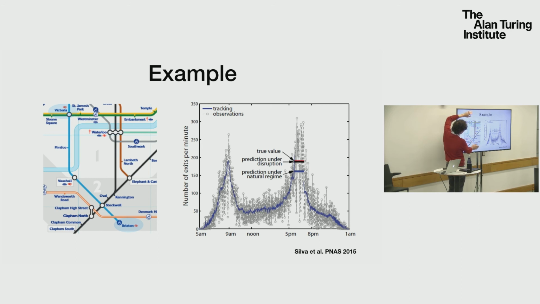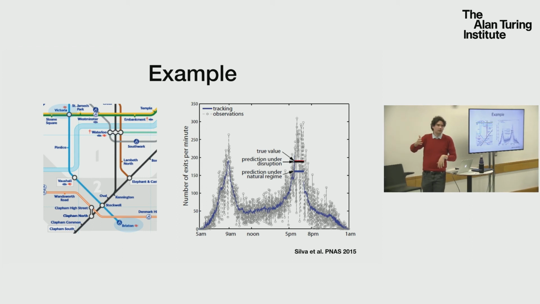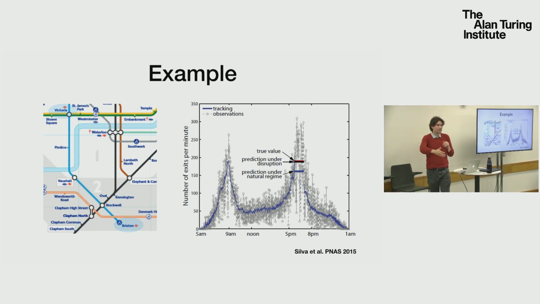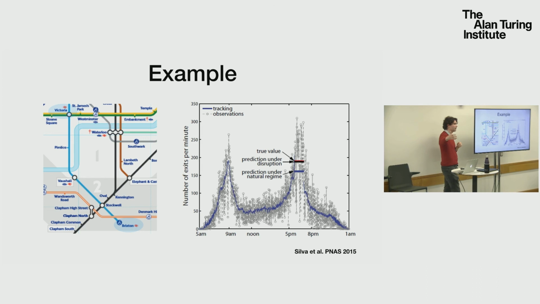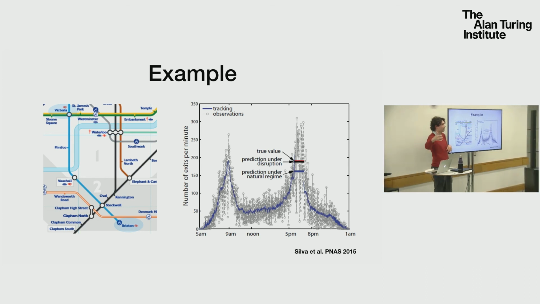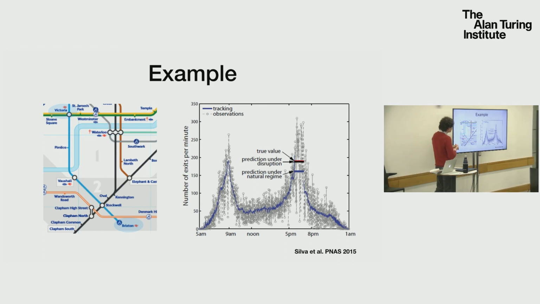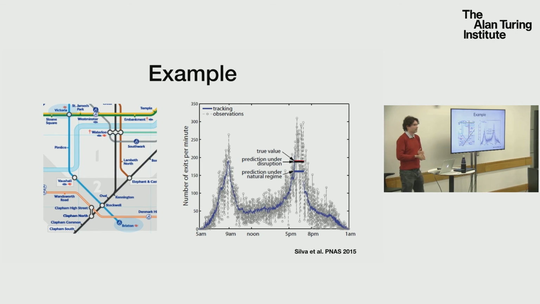The whole idea was you have a history of natural regime days where no disruption takes place. You have some database of disruptions, which are cataloged by TFL itself, saying this was closed from this to that. So you had that as part of the data. The idea is to understand, knowing that a disruption takes place at a particular location at a particular time, what we'd expect to see in terms of passenger behavior.